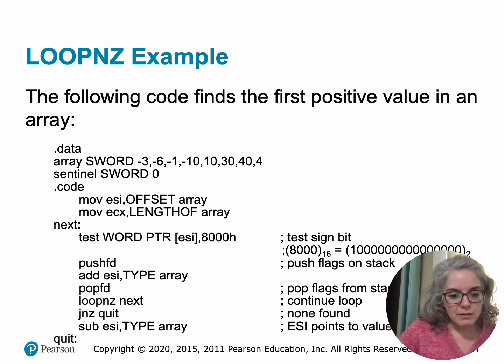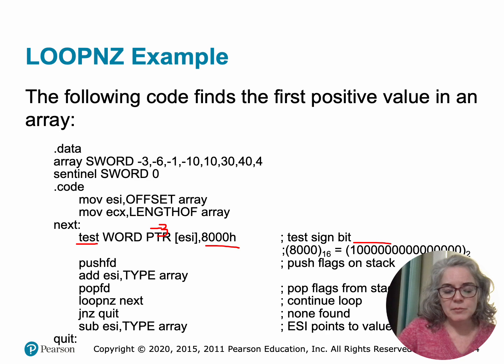So let me get a pencil here. This here represents the number -3. It grabs that -3 there, and then we're going to test it against this hexadecimal number. This hexadecimal number is equal to this binary number here on the right-hand side.